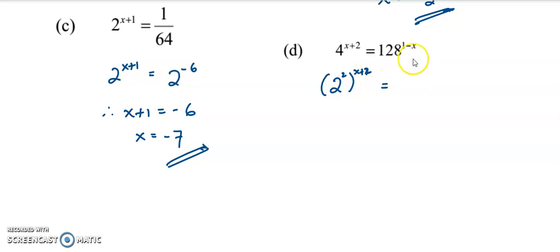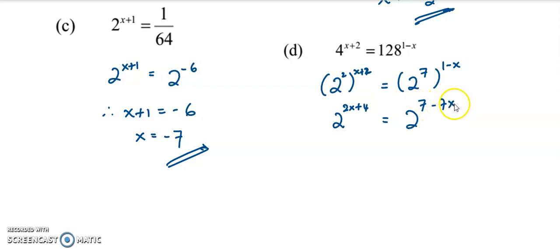This equals 128, which can be converted into 2 to the power of 7, and the power is 1 minus x. Now we simplify the power, then compare the power to solve for x. For the left hand side, we have the power 2x plus 4, multiplying 2 by x plus 2. And at the right hand side, we get 7 minus 7x.